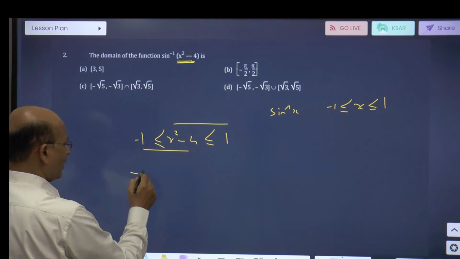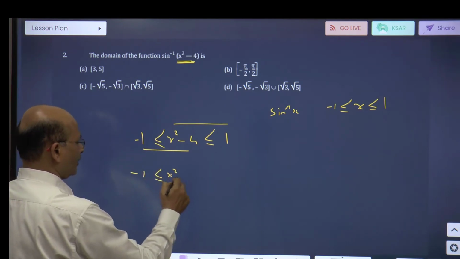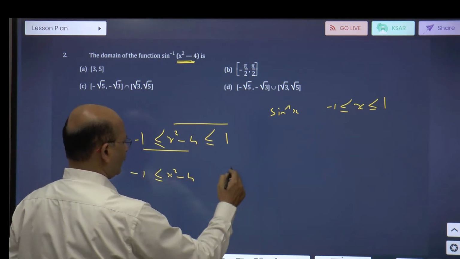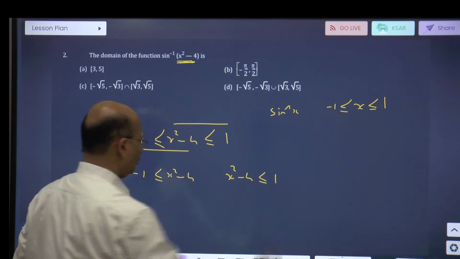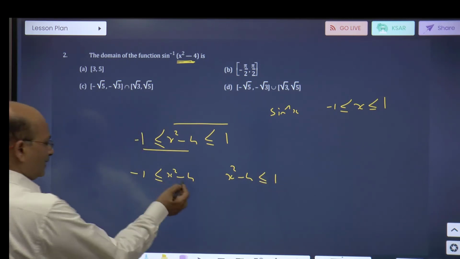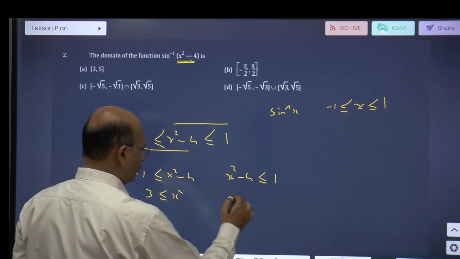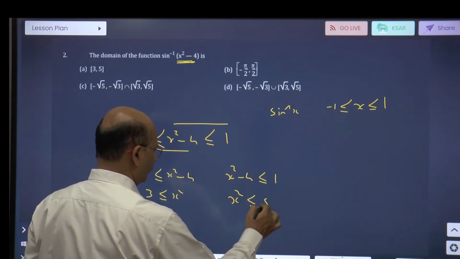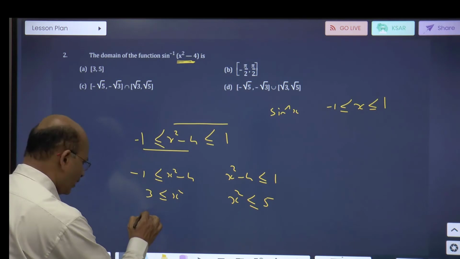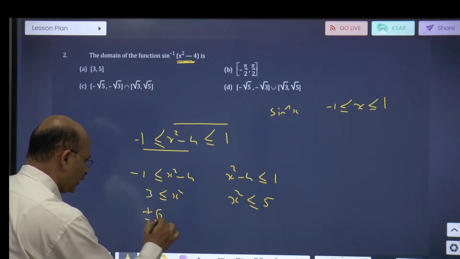So minus 1 is less than or equal to x square minus 4, and x square minus 4 is less than or equal to 1. What happens now? This gives 3 less than or equal to x square, and here x square is less than or equal to 5.